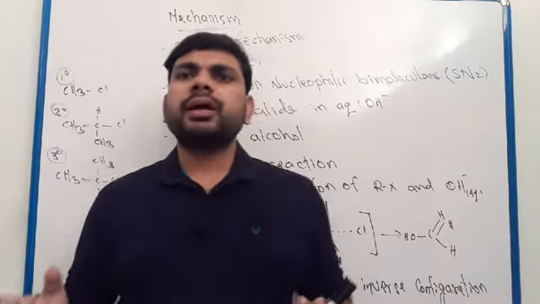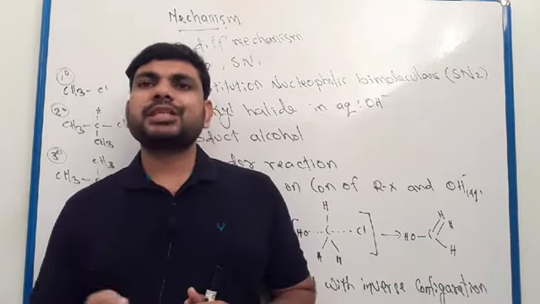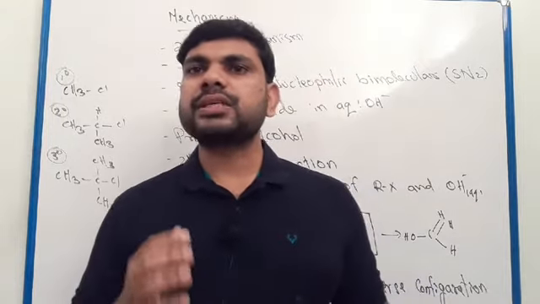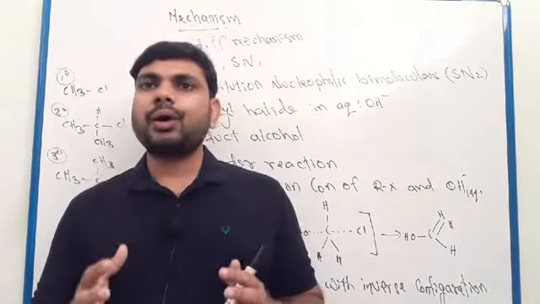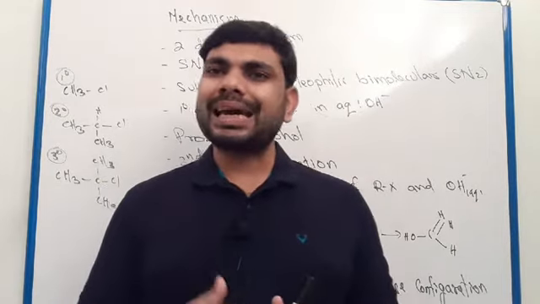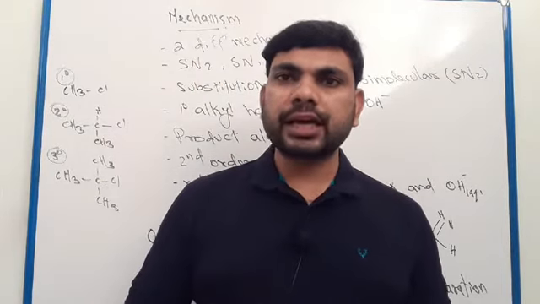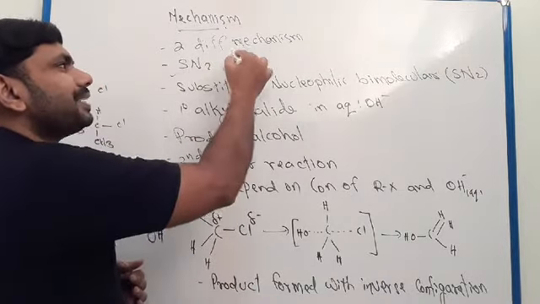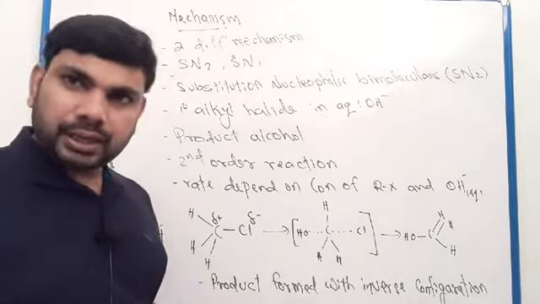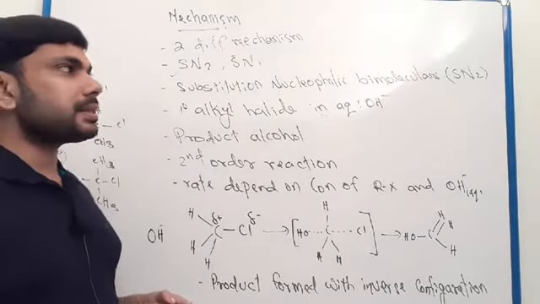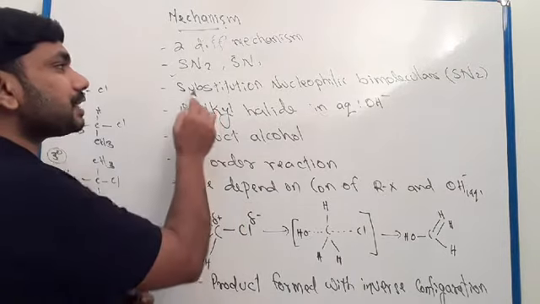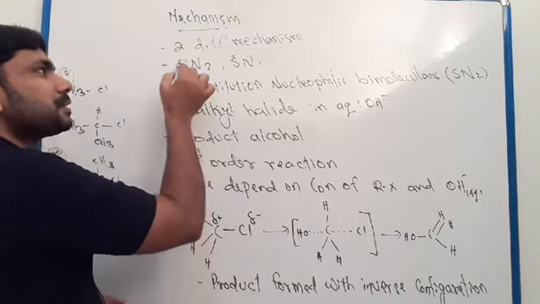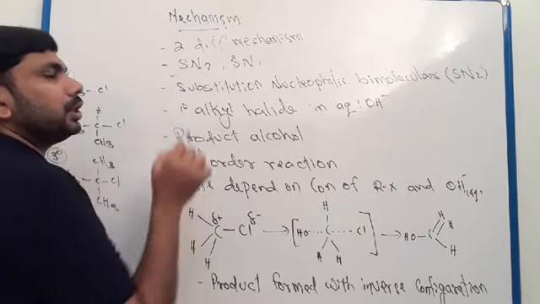Clear? Okay, so we discussed nucleophilic substitution reactions. There are two different mechanisms for nucleophilic substitution reactions, so now we have to discuss the mechanisms. I told you there are two types of mechanism, SN1 and SN2. SN2 means substitution nucleophilic bimolecular.